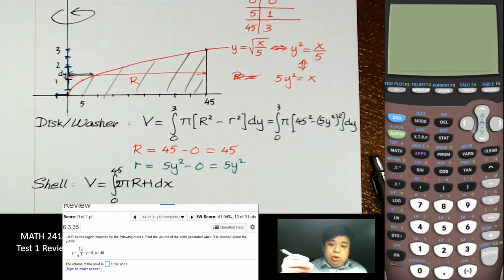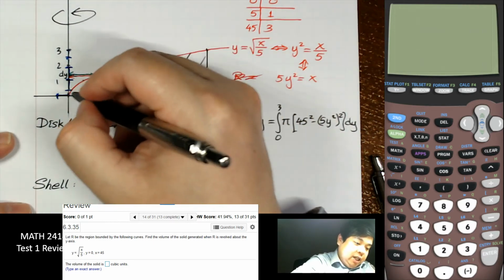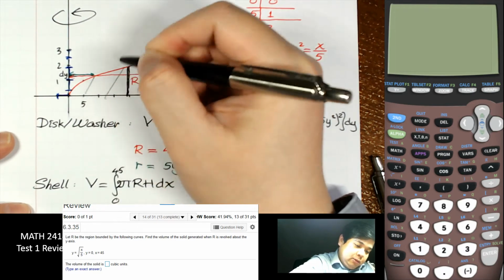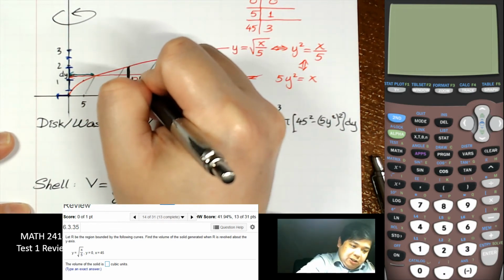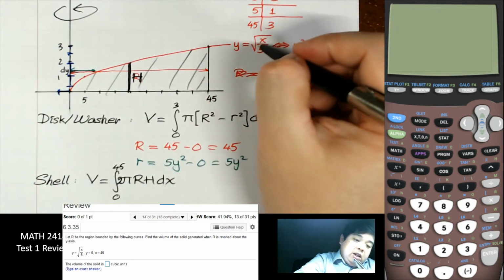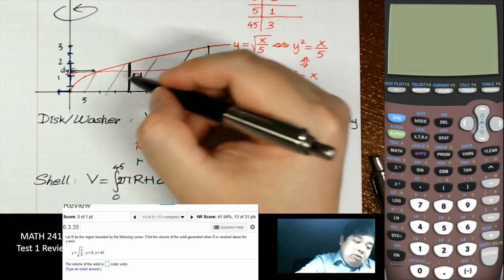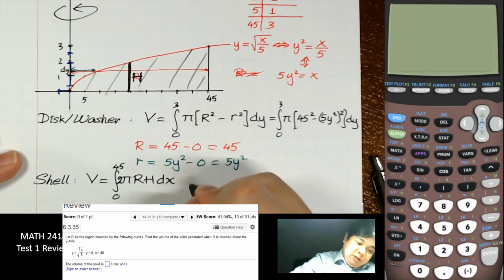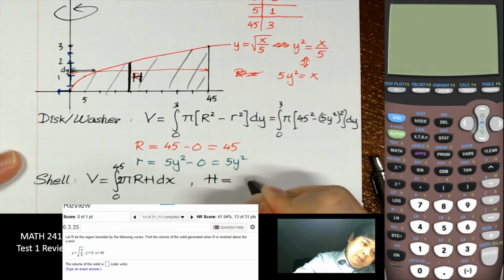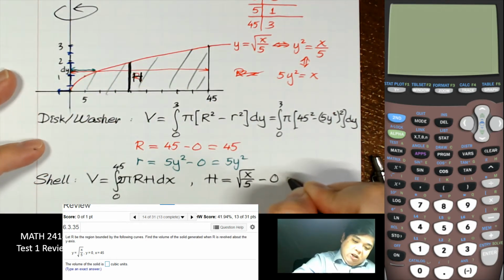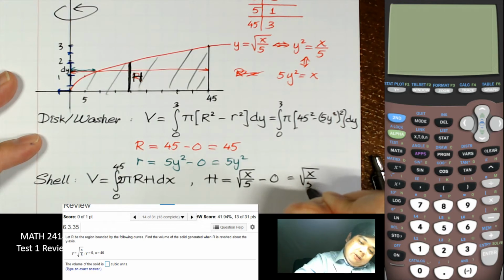What we do is we're going to draw the height in the region. That is the height, which is bounded above by square root of x divided by 5 and bounded below by 0. So the height is easy to determine. Above by square root of x over 5, the bottom by y equal to 0. Right, just that.